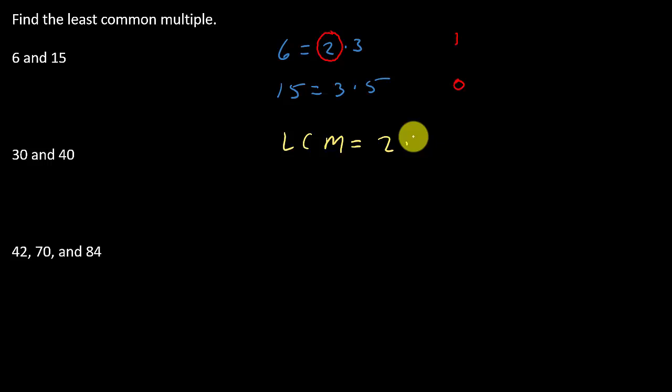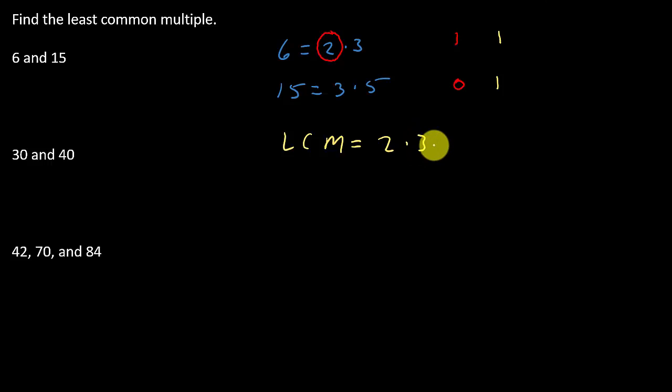Now let's look at the next different factor, the 3. Up here, the 3 appears 1 time. And down here, the 3 appears 1 time. What's the most it appears in one of them? That's 1 time. So we use it just 1 time. So that's times 3.